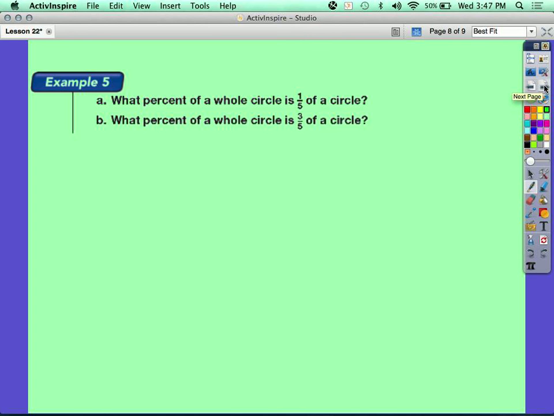Example 5, it says, what percent of a whole circle is 1/5 of a circle? Looking at percents. Well, we know a whole circle is 100%. Okay? So basically, we're looking at 1/5 of 100, because that 100 represents our whole circle. Okay?